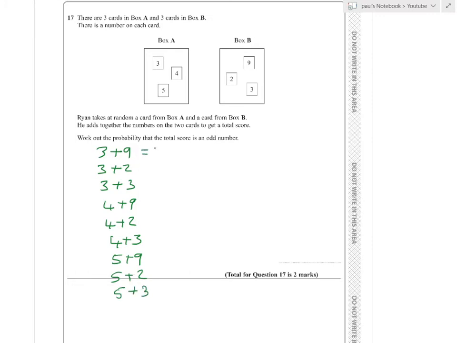So we got 1, 2, 3, 4. So we got 4 out of 9 altogether.